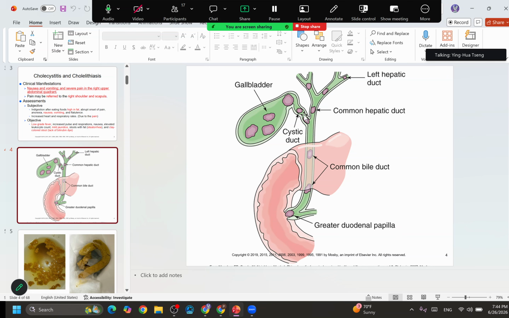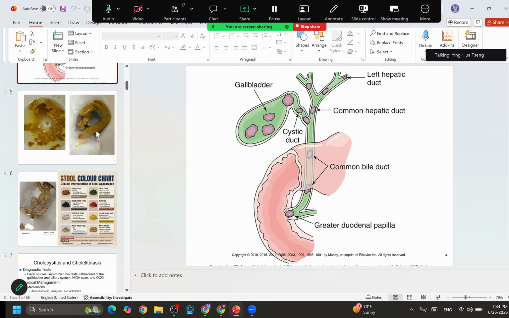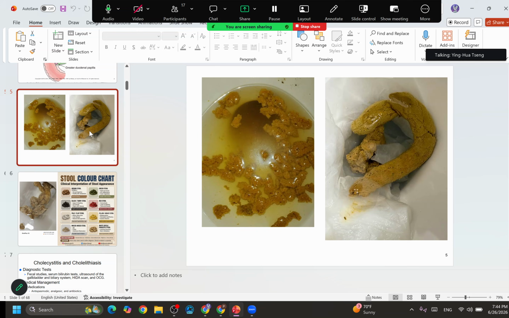Because the bile cannot come out, it stays here, and your gallbladder keeps squeezing and squeezing, which causes lots of pain. Then all this squeezing makes the bile seep out into your blood vessels, so your blood vessels carry lots of bilirubin, which causes jaundice.